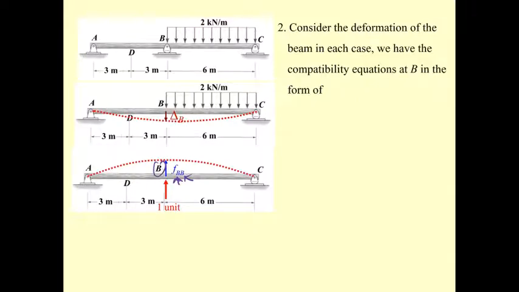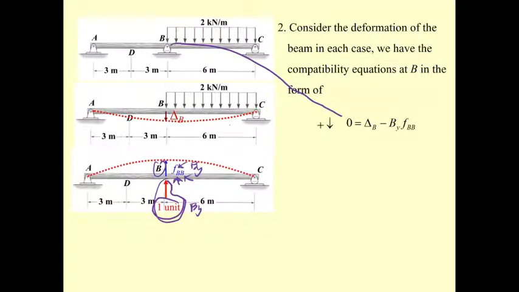The second B is the load applied at B. We use F because it is the deflection due to the unit load. So the total is just B sub Y here, and the deflection here is going to be 0.